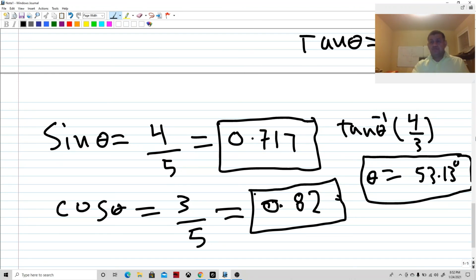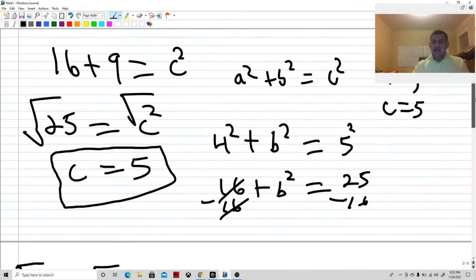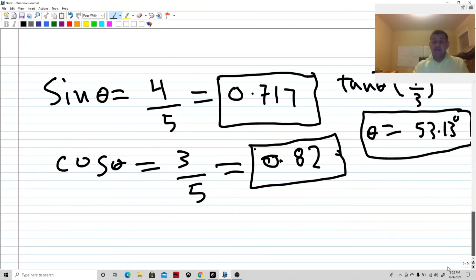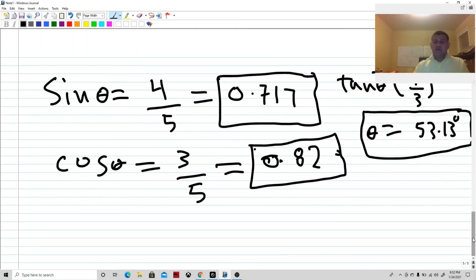Let me do another quick problem. Let's say that only A and B are given, but you're missing the value of the hypotenuse.